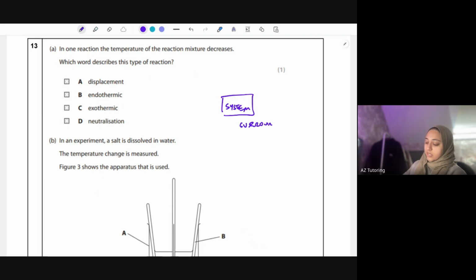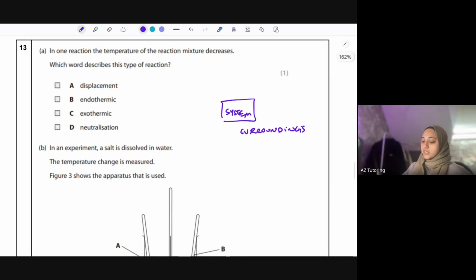Your system is where the reaction is actually happening, and then you've got the surroundings around. If the system is giving out heat, that's an exothermic reaction because heat is leaving.